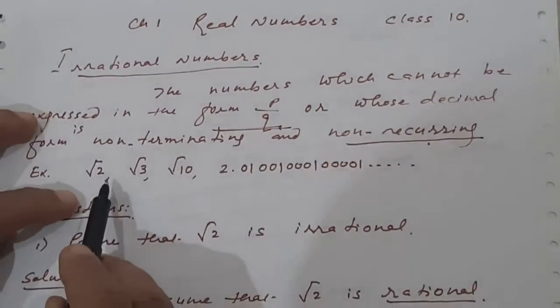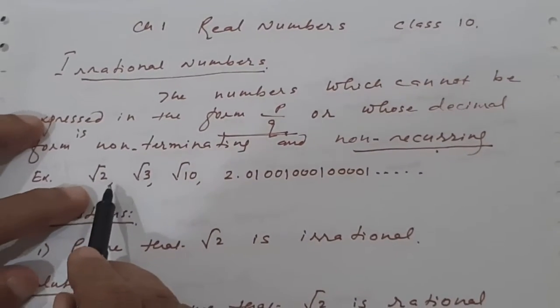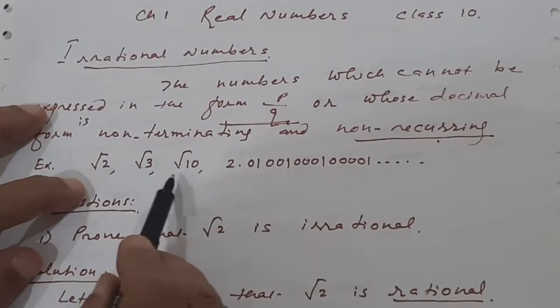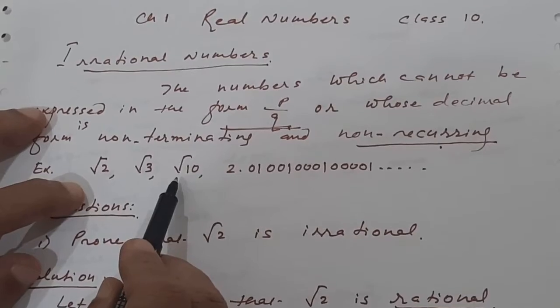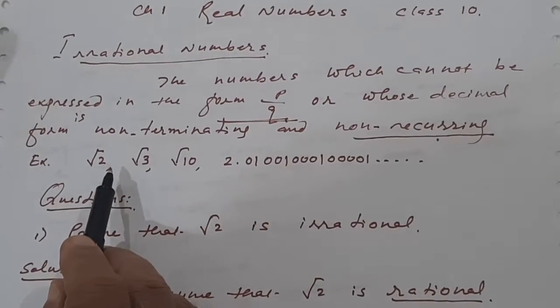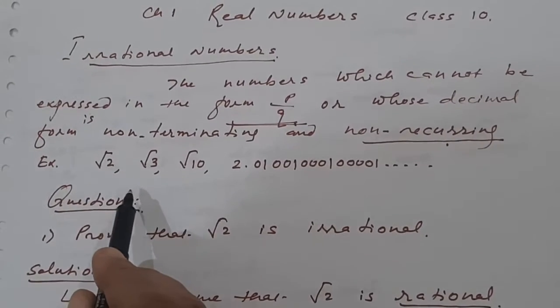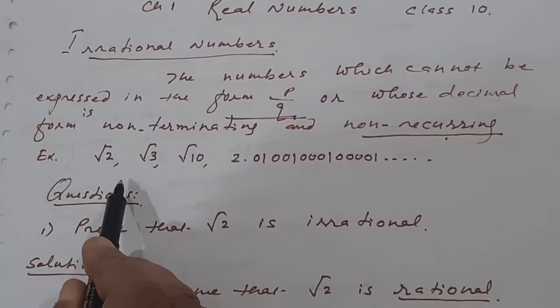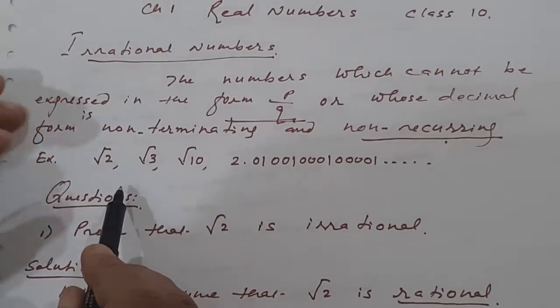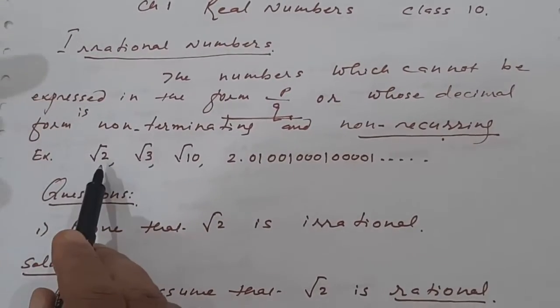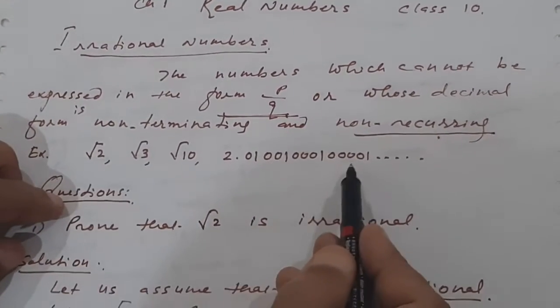So such numbers are called irrational numbers. You know the natural numbers whose root cannot be taken as a whole number. Root 4 we can take: the square root of 4 is 2, the square root of 9 is 3, the square root of 16 is 4. But the square root of 2 will be in this form.